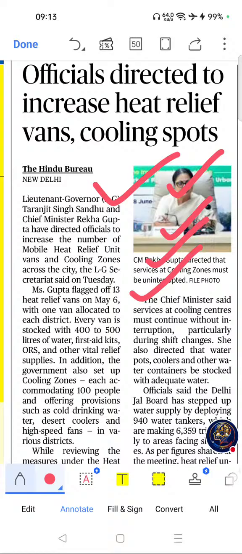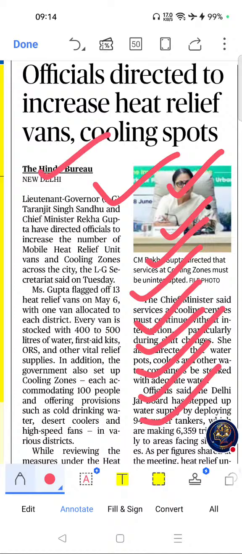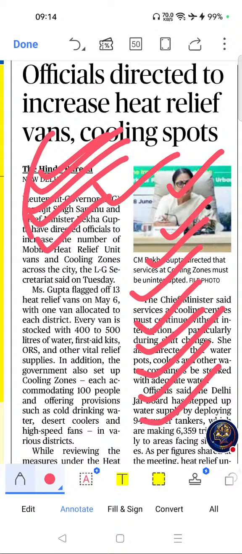Questions have appeared on heat waves, urban climate vulnerability, disaster management, climate adaptation, and NDMA guidelines. Please go through this one. The key themes related to this topic are heat action plan, urban climate resilience, heat wave management, disaster preparedness, and climate adaptation.